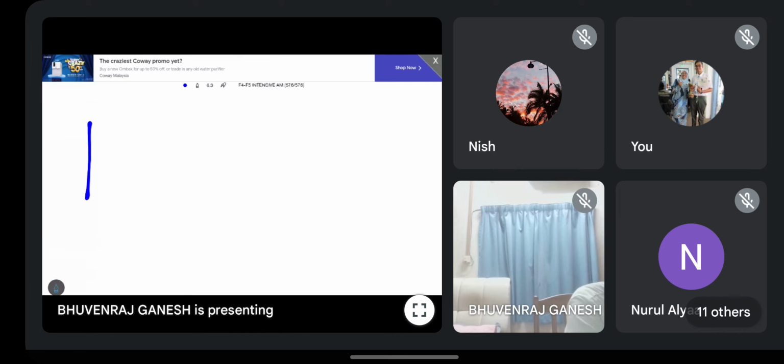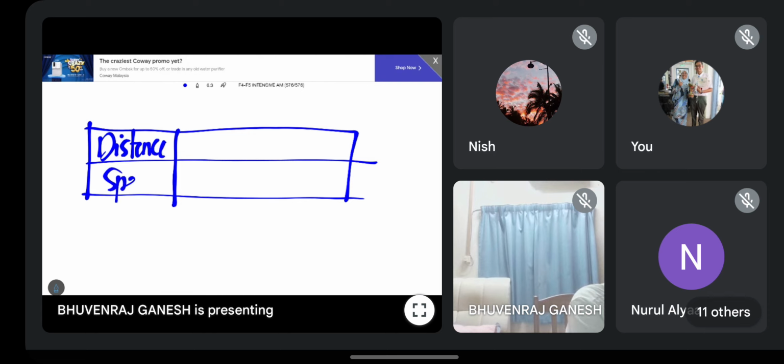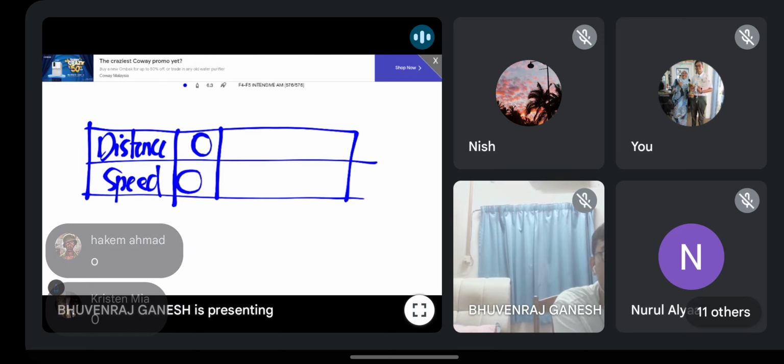Okay. So let's say now I give you a jadual lah. I change the situation a bit. Let's say distance and also speed. Okay guys, when distance is 0, can you all tell me, kalau jarak kamu kosong, laju kamu berapa? Common sense lah. Yeah, 0 lah. If you have no distance, speed also 0.